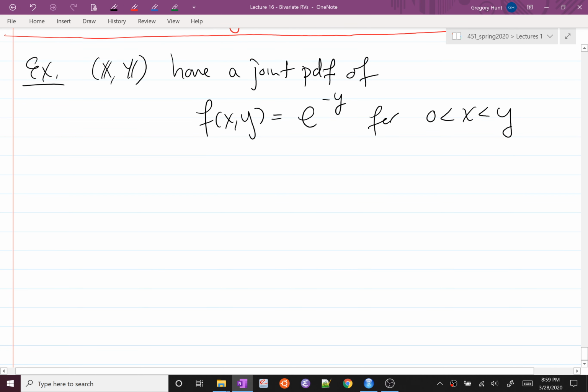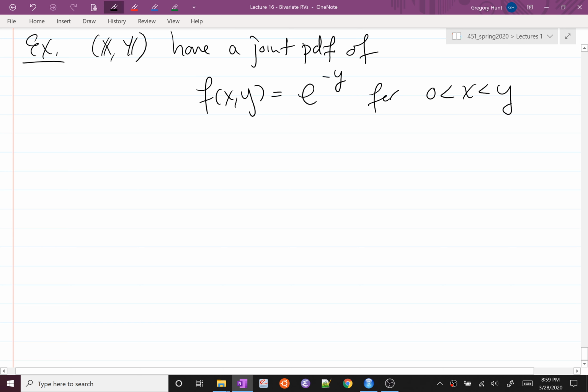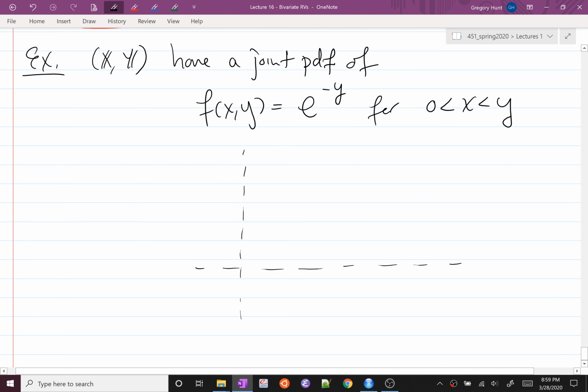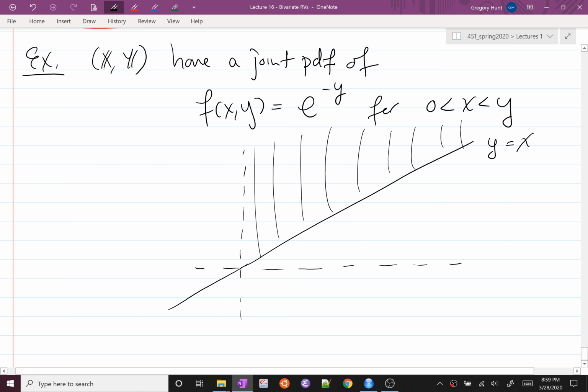Okay, so let's draw out the boundaries of this region. Here are my axes, x and y. My condition is 0 less than x less than y. So here's the line y equals x. If x is less than y, we're going to be in this shaded area here, right?